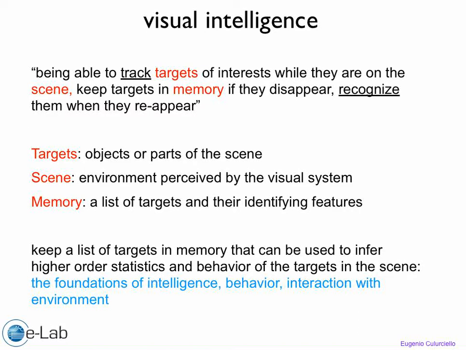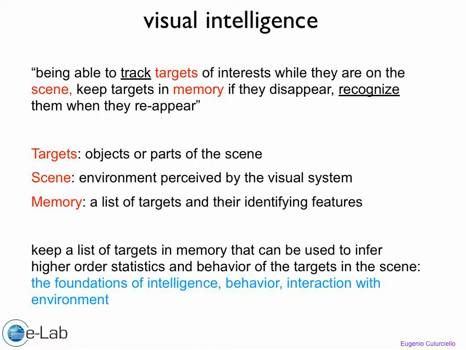First of all, I wanted to describe what I think is visual intelligence, or what I consider the definition of visual intelligence, which is basically telling you what a visual system is supposed to be able to do. This is just my definition, and I welcome comments about it.